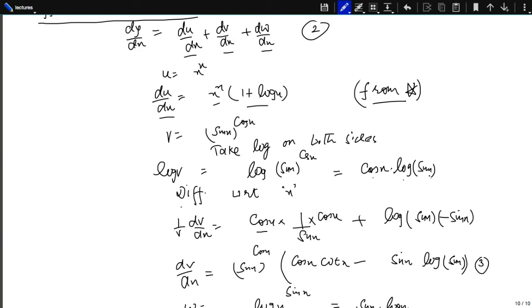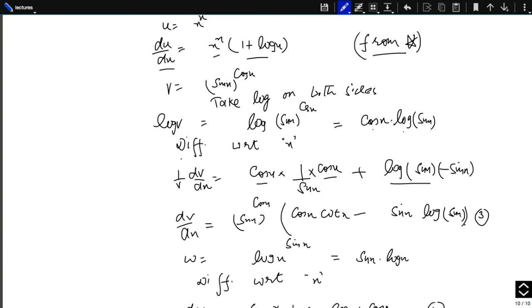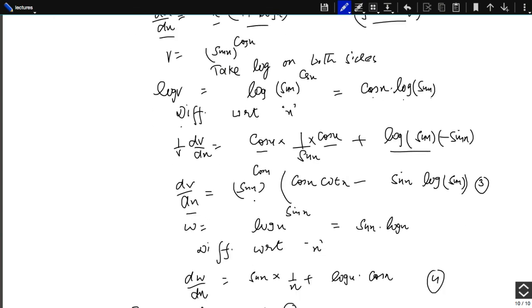Its derivative is 1 upon sin x into derivative of sin x, that is cos x, plus log of sin x into derivative of cos x, that is minus sin x. So dv by dx becomes sin x raised to cos x bracket cos x cot x minus sin x log of sin x.